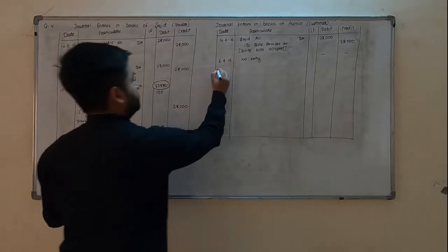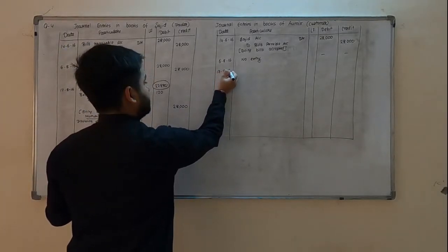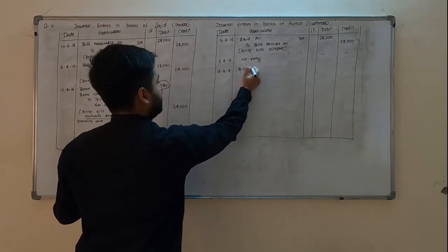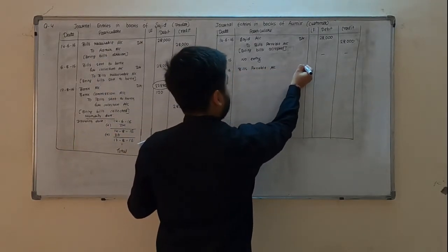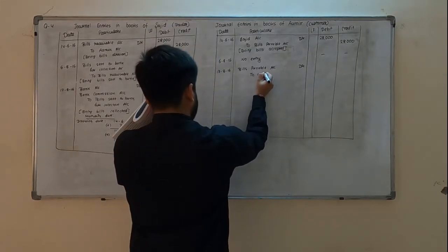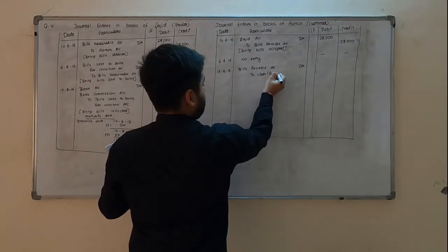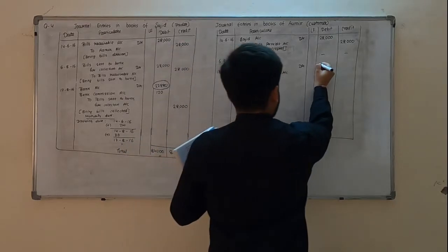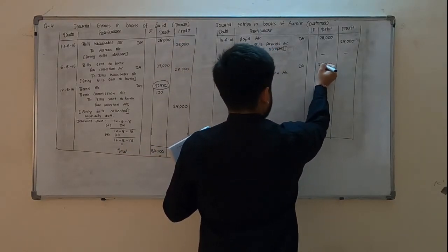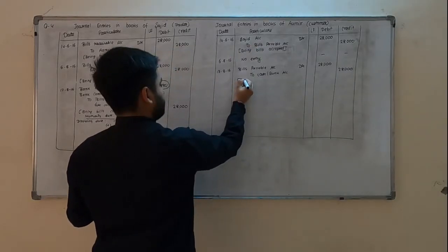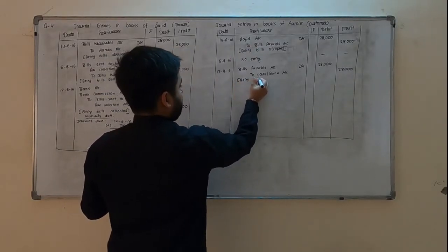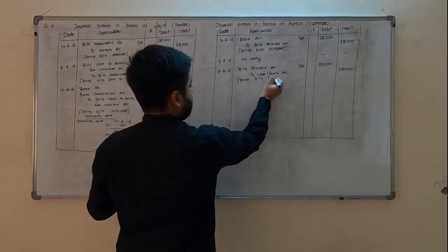Now on 17/8/16 here there will be a fixed entry, bills payable account debit to cash account 28,000, being bills paid.